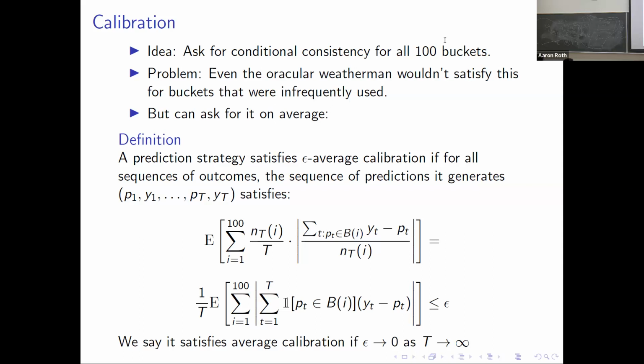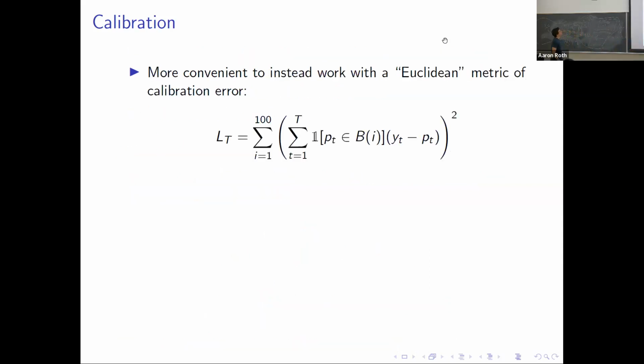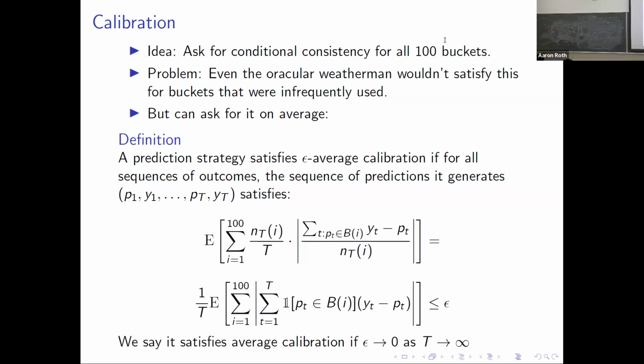Okay, but if we have an algorithm that can pass this test even when the sequence is generated by an adversary, well, certainly it can pass the test when the sequence is generated by nature using whatever meteorological processes we never bothered to learn in school. Okay. So this is the test we've set up for ourselves.